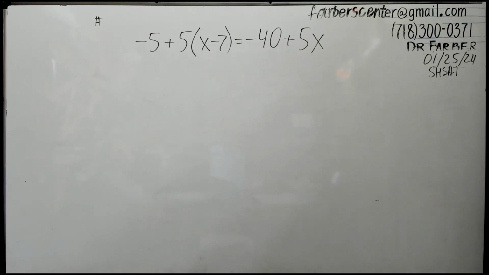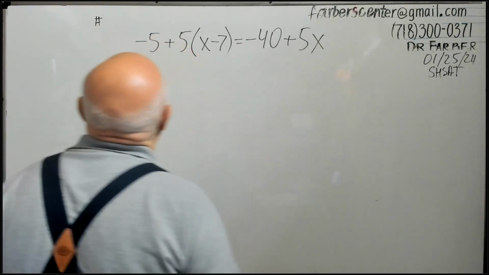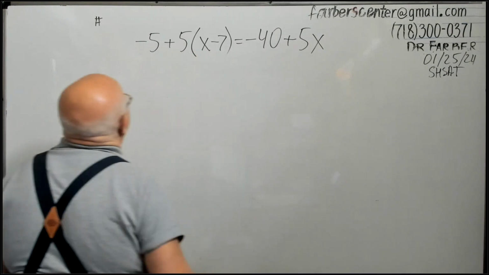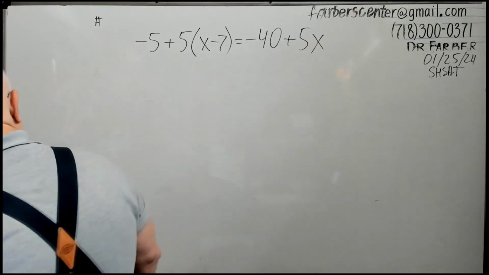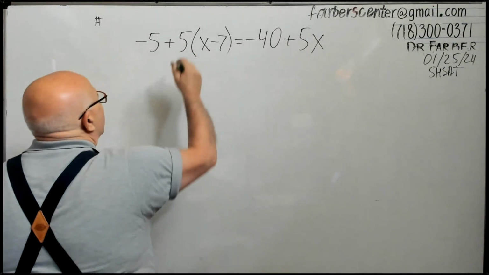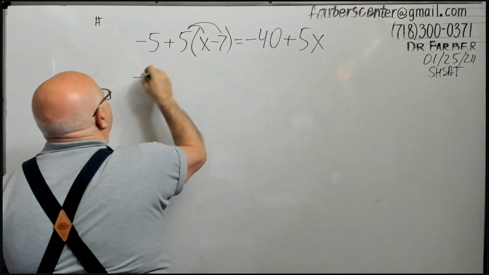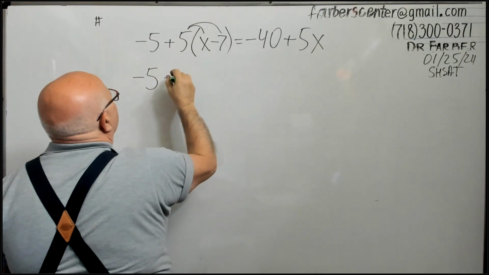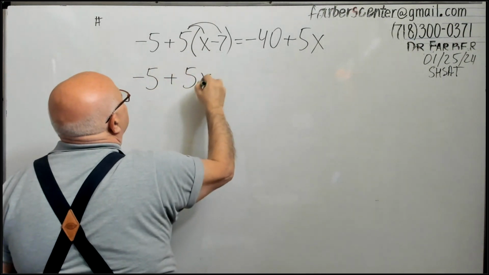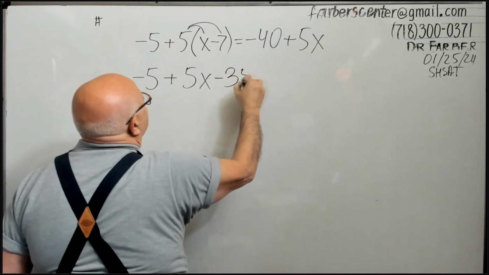Well, students, who needs help with this? Let's do it together. So when you have this one, what are you supposed to do? Distributive property, right? Negative 5 plus 5x minus 35.